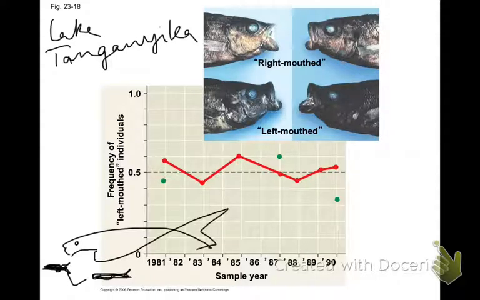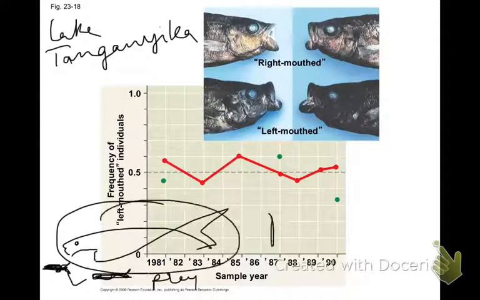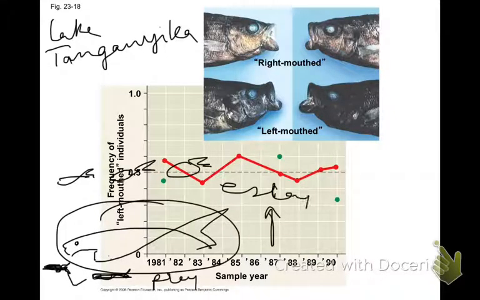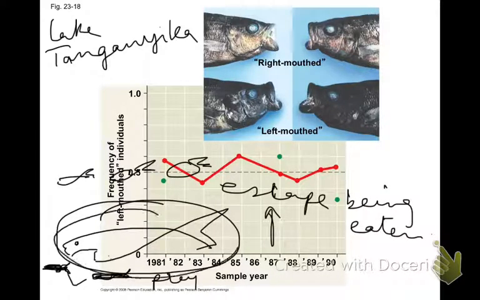So what happens is, these prey fish are smart. When there is a high population of left-mouthed predators, they learn to smartly swim to its right. So they escape being eaten. Okay, so now what happens to this left-mouthed fellow?